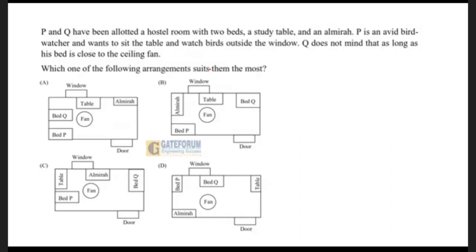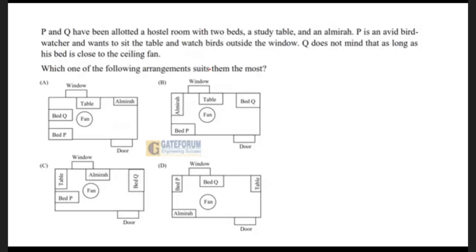So P is an avid bird watcher and wants to sit in the table and watch birds outside the window. Okay. So he must sit on a table and watch birds from the window. Q does not mind that, as long as his bed, means Q's bed, is close to the ceiling fan.